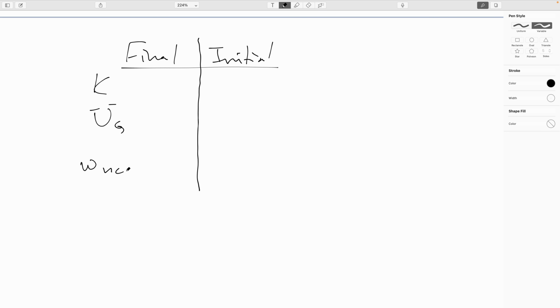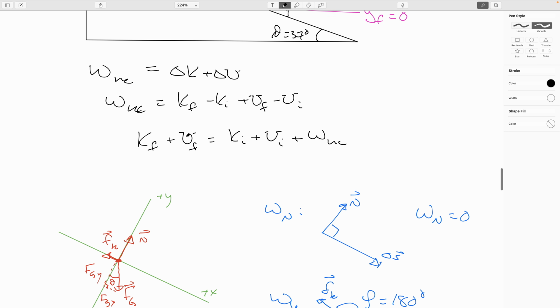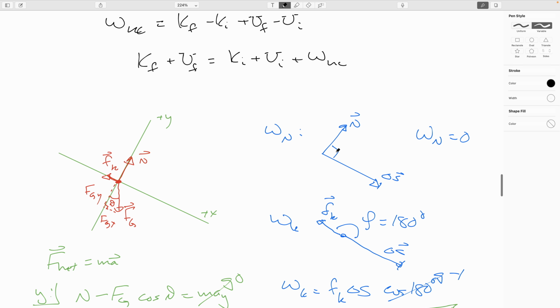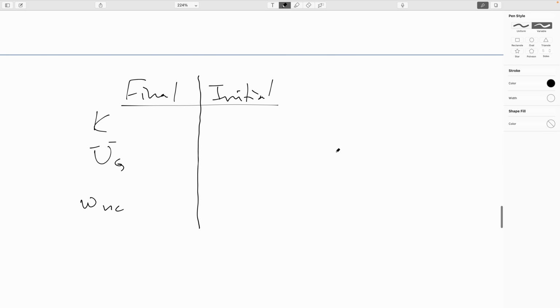And if we take a look at how we wound up writing this, we see that we're going to be putting the work done to make the books balance. We'll put the work done by the non-conservative force on the initial side. It's not really a form of energy, it's just work, but it's something we have to do to balance the books. So usually when I make these tables, I just plain make a blacked out square like that, so I don't write anything on the final side, and just write my work done by non-conservative forces on the initial side.